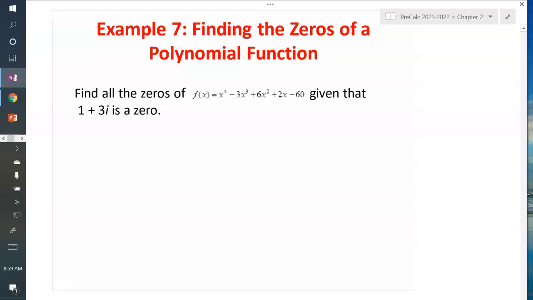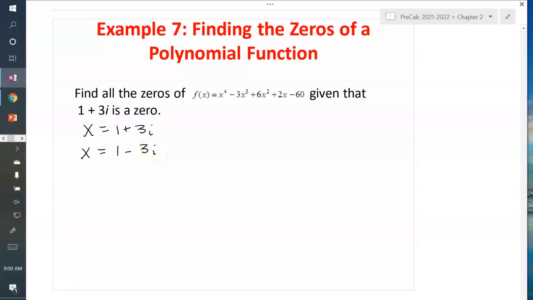We're going to find all the zeros of this big and gnarly polynomial, given that 1 plus 3i is a 0. So that means that I have x equals 1 plus 3i. That's 1 zero. So therefore, another zero has to be the conjugate, so 1 minus 3i.